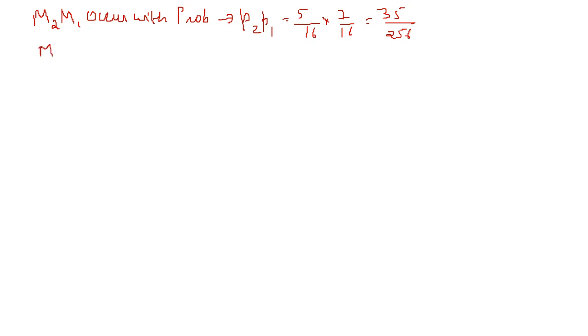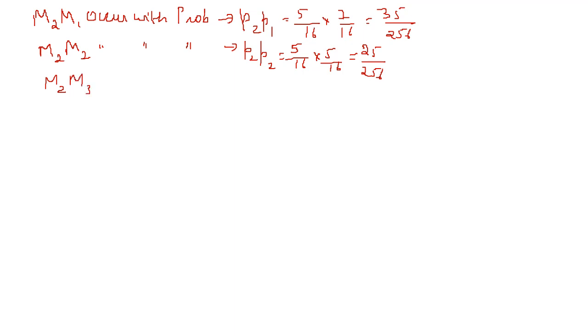Next message symbol is M2 M2, which will occur with probability P2 into P2, which is 5/16 into 5/16, equal to 25/256. Similarly, M2 M3 will occur with probability P2 into P3, where P2 is 5/16 and P3 is 1/8, so we get 5/128.